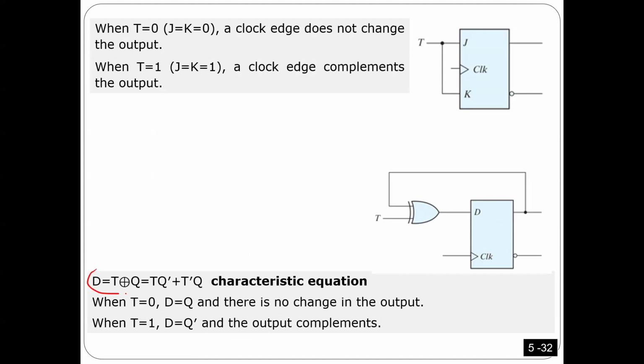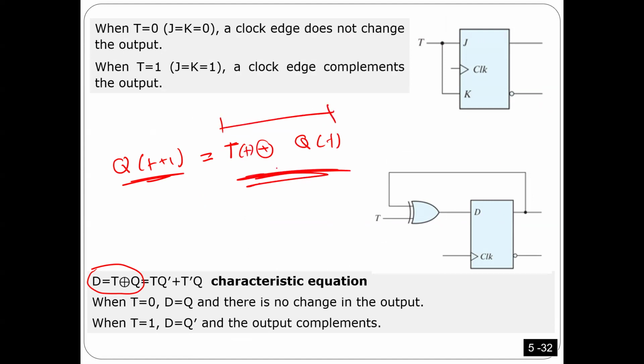This is the characteristic equation of this one, which is the new value Q(t+1), the new value for Q, should equal T, the input T, XOR the current Q. This T is at time t, and this Q is at time t. So this is the value of T, the value of Q. This is the new value of Q when the clock comes. Same thing for the other ones.